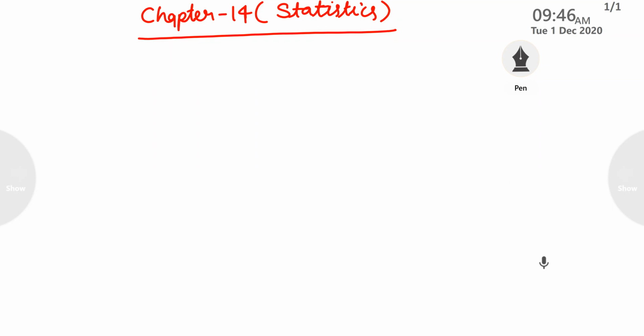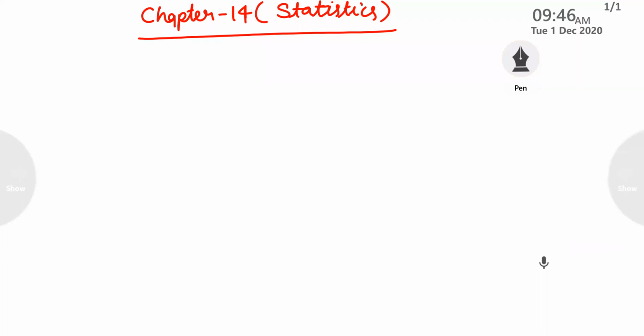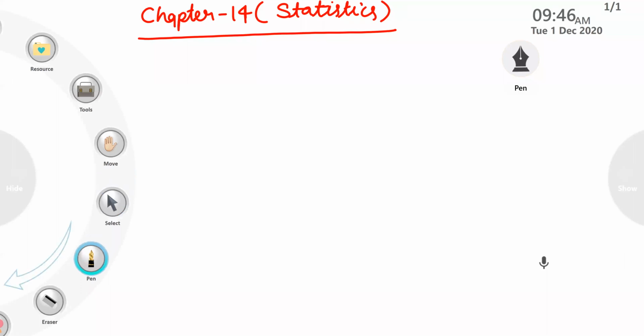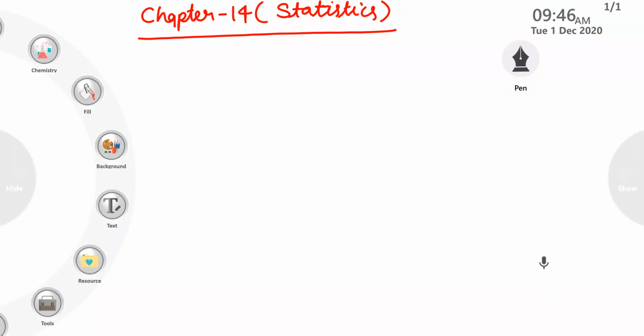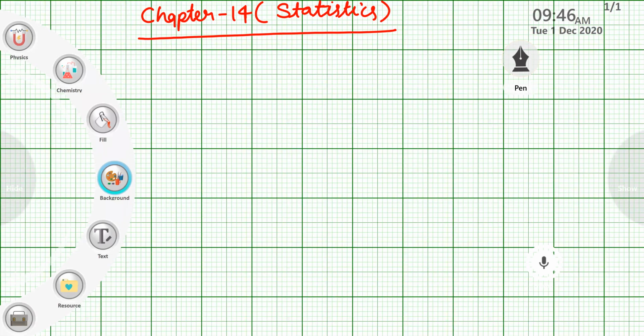Draw the bar graph to represent the given information. Information was months and number of watches sold. Now I am going to draw the graph by using graph paper.